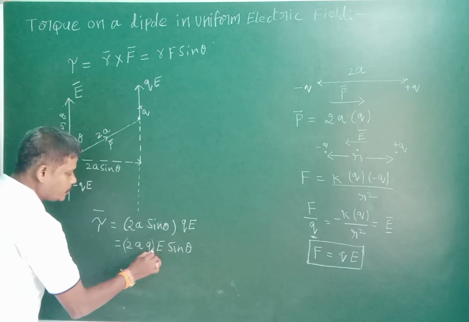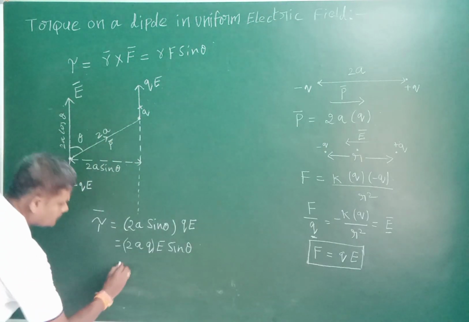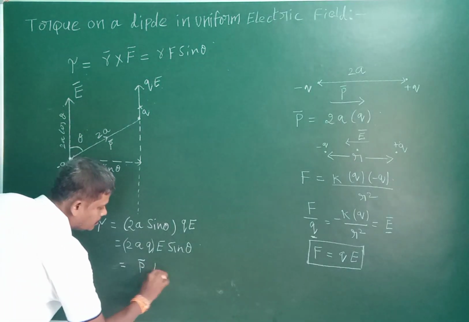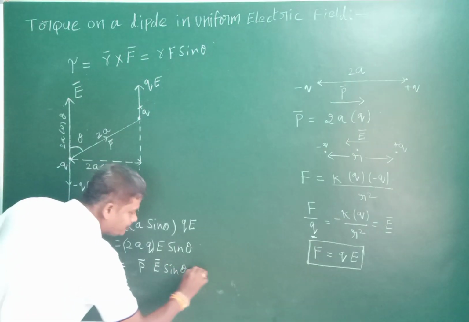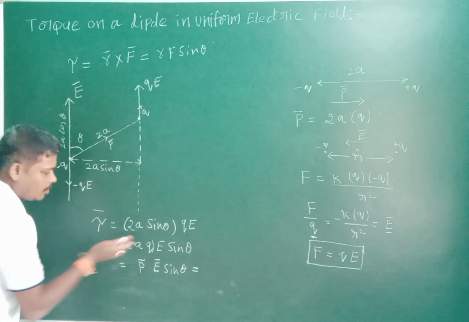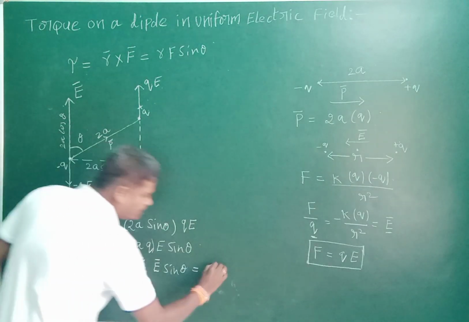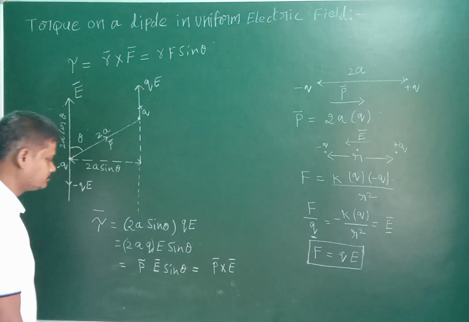Now 2aq is nothing but the dipole moment, so I can write p E sin theta. Now using the vector product, I can write this as p bar cross E bar.